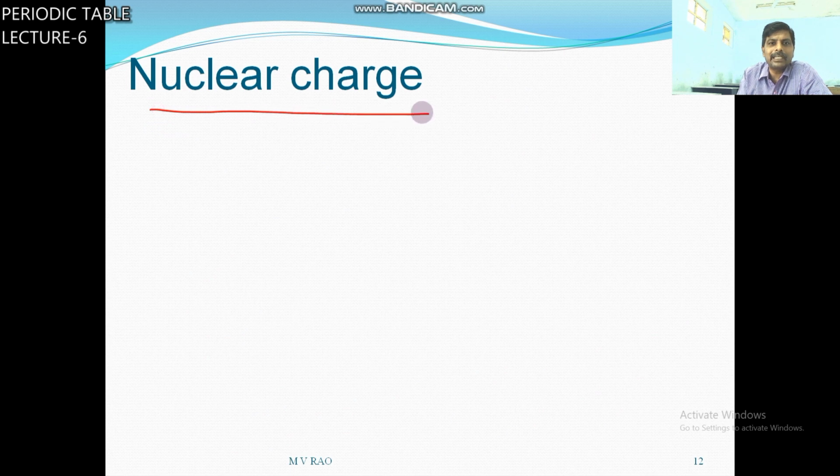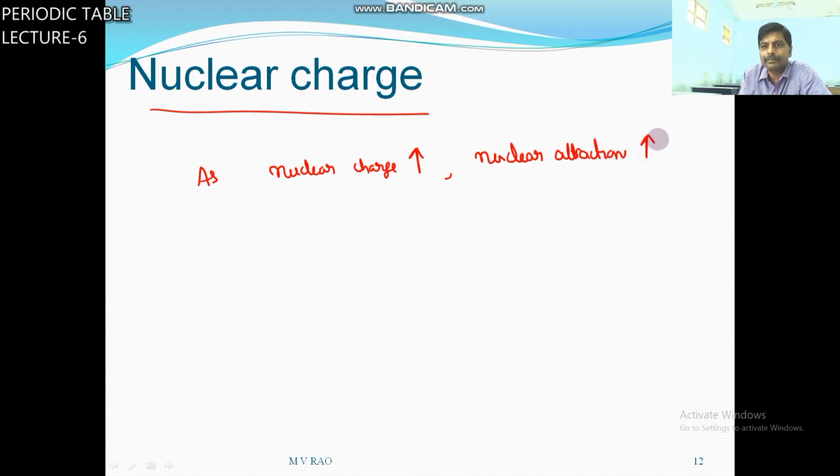Next one is nuclear charge. As nuclear charge increases, nuclear attraction increases. As nuclear charge increases, nuclear attraction over the valence electron increases.